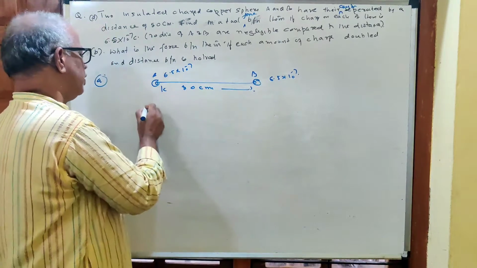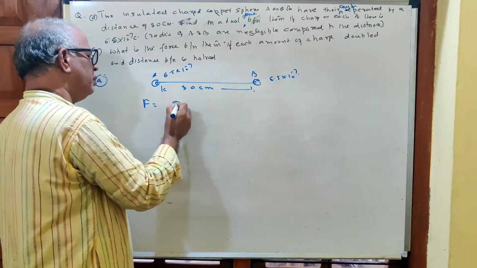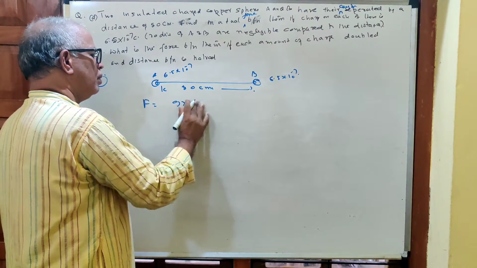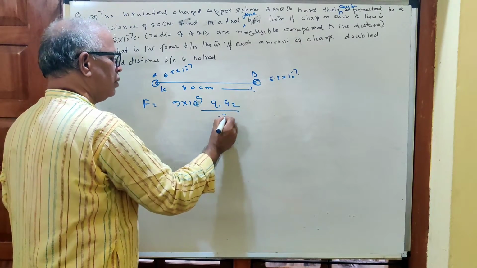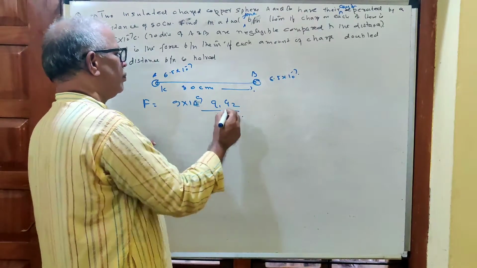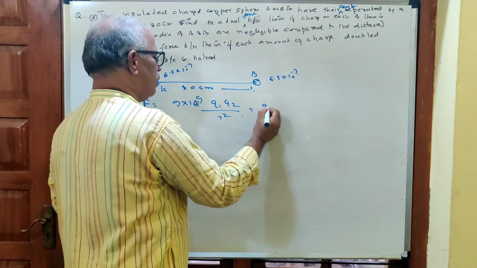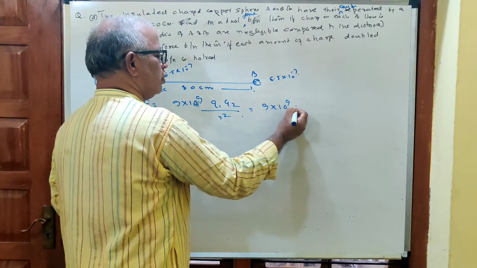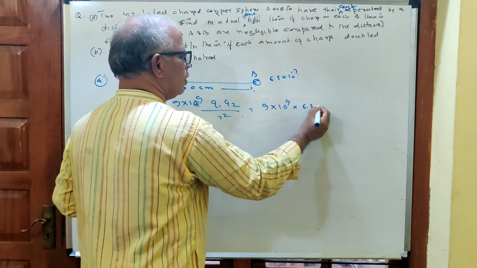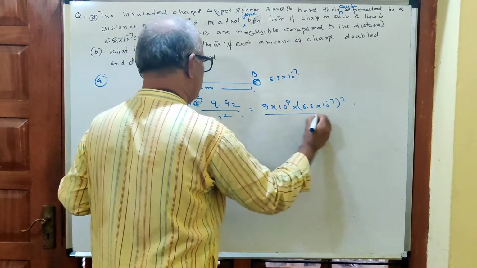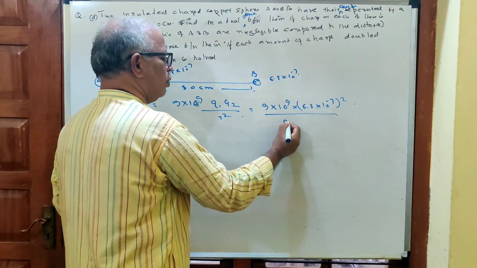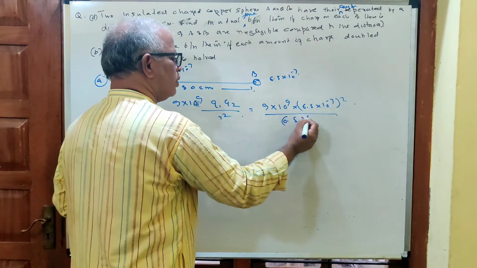Very simple problem, anybody can do it. F is 9 into 10 to the power 9 times q1 q2 by r square. So F is 9 into 10 to the power 9 times 6.5 into 10 to the power minus 7 each, and r is equal to 0.5 meter, 0.5 the whole square.